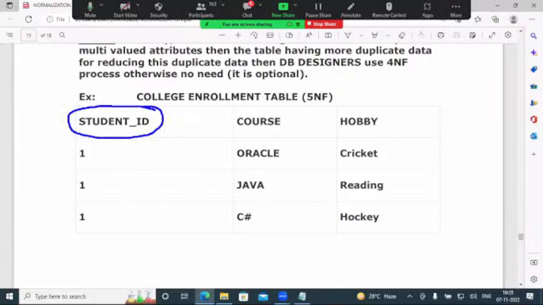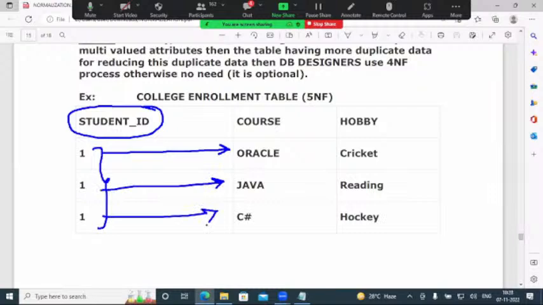Student ID is a column with the same value. Yes or no? Now it joins with one Oracle, one Java, one C#. That means the same value of a column joins with multiple values of another column.